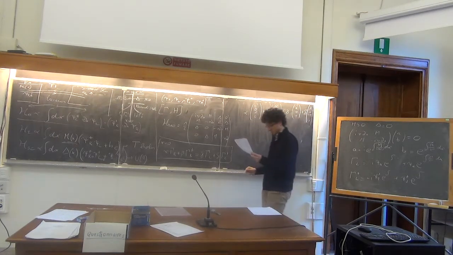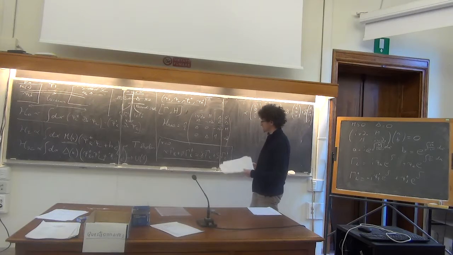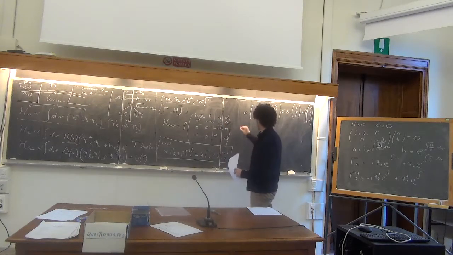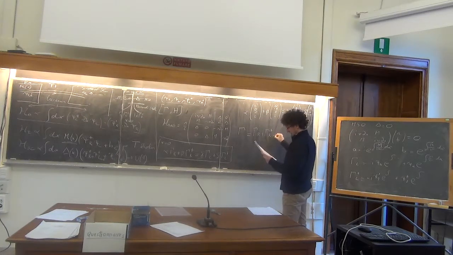You can solve this, and at the end of the day, you will obtain that the only operator which survives is an operator gamma, defined now on the full line, which is equal to gamma right plus gamma right dagger plus gamma left plus gamma left dagger.